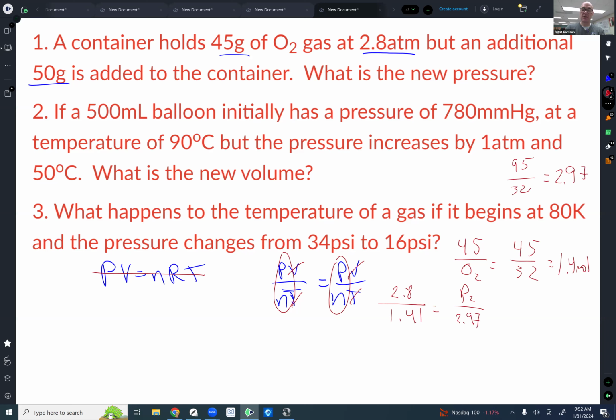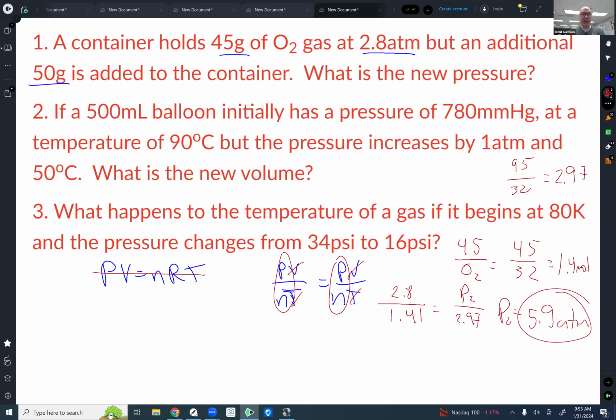So 2.8 times 2.97 divided by 1.41, and you get P2 is equal to 5.9. 5.9 what? Atmospheres. So it increased in atmospheres because you increased the amount.